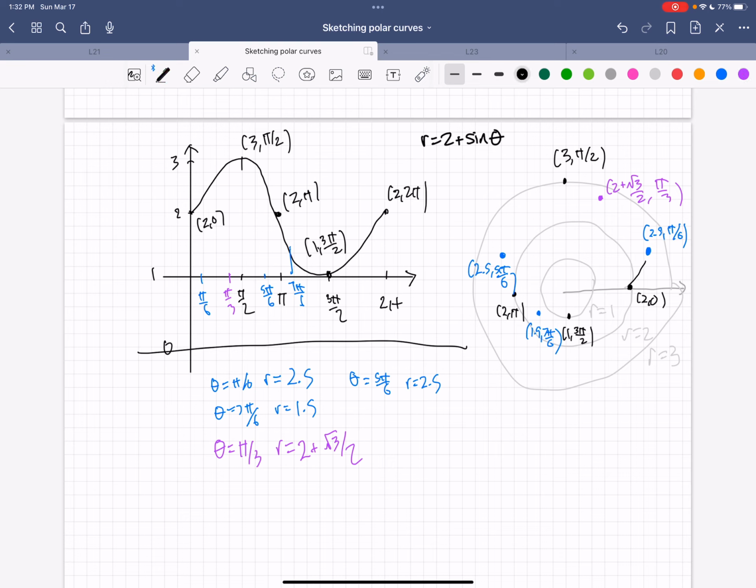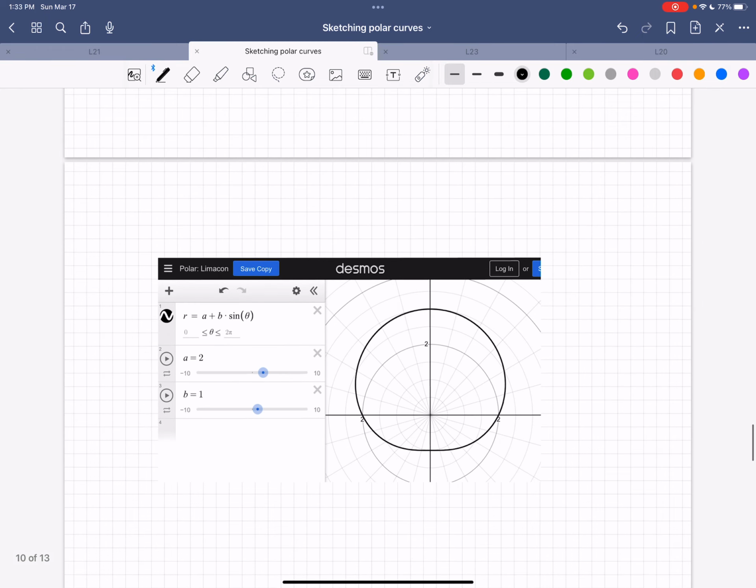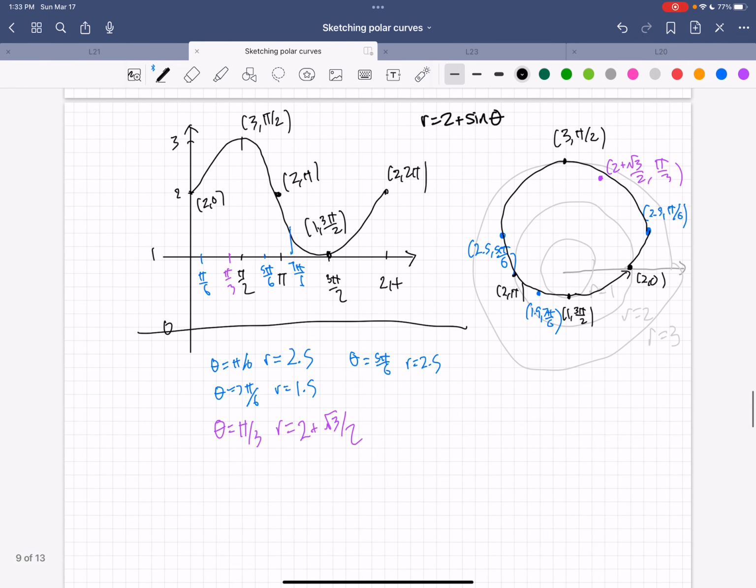And the point is, we get this shape that's kind of like this. It's supposed to be like a circle that's kind of flattened on the bottom. If you compare this to the equations of the curves that we were looking at before, this is a limaçon.